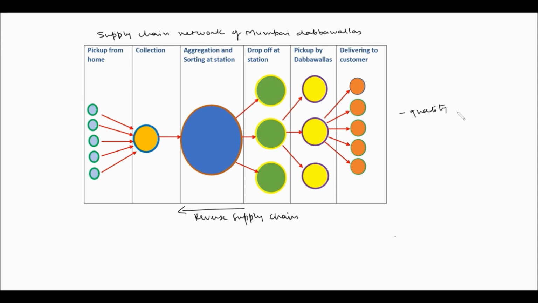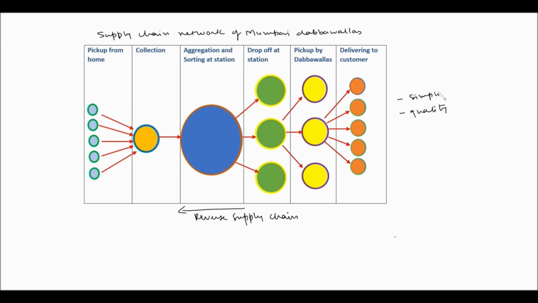What this means is that no more than 1 in 6 million deliveries goes wrong, which is an outstanding effort in terms of delivery quality. They have developed a very effective coding system to sort the lunch boxes on both the forward and the reverse journey. So they have simplified the complexity, right?